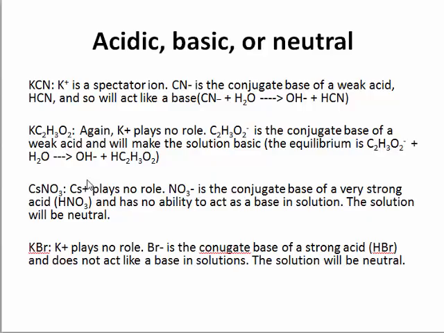In the case of cesium nitrate, cesium plays no role. Nitrate is the conjugate base of a very strong acid and has no ability to act as a base in solution. The solution will be neutral. Likewise, because bromide is the conjugate base of a strong acid, we predict a potassium bromide solution will be neutral.